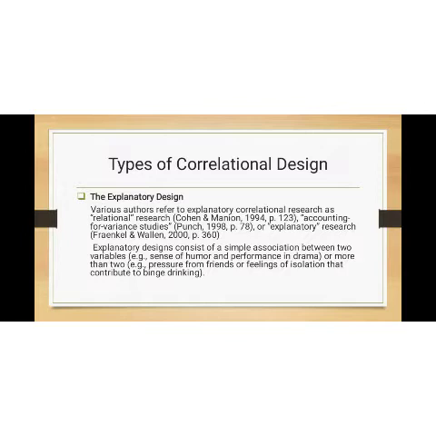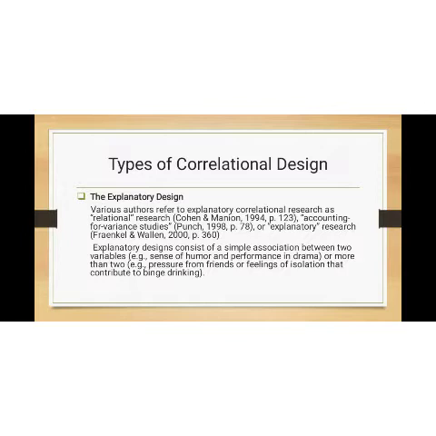Two types of correlational design: the first, the explanatory design, and the second, the prediction design. Okay, I want to discuss the explanatory design. Some researchers have opinions about the explanatory design.